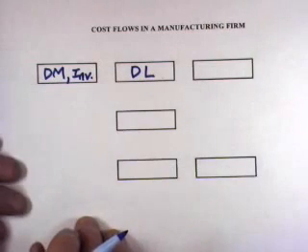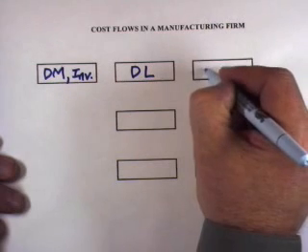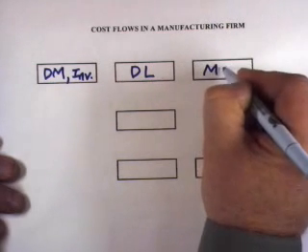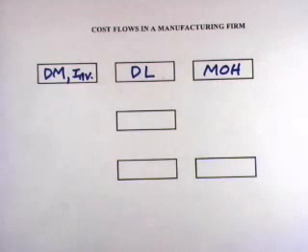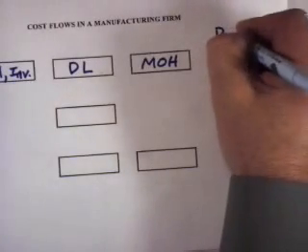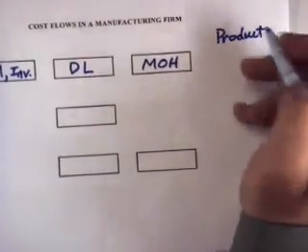And the third product cost we'll call manufacturing overhead, all abbreviated as MOH. So DM, DL, and MOH are our three product costs. That's the costs that go into making the product.